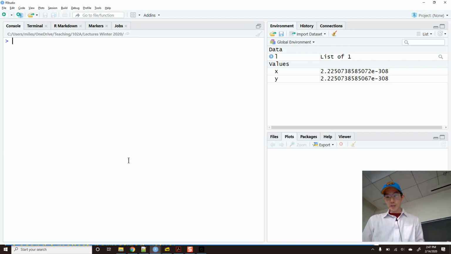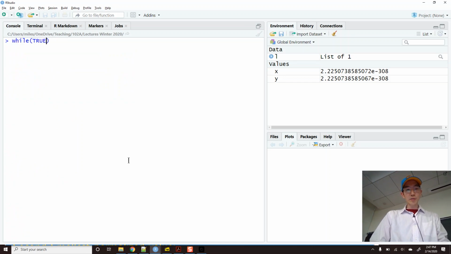There are a few interesting consequences. What if I created a loop? First of all, we start off with x equal to 0, and then while true, x equals x plus 1.